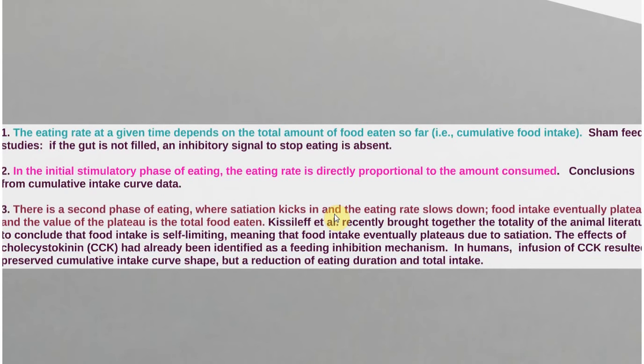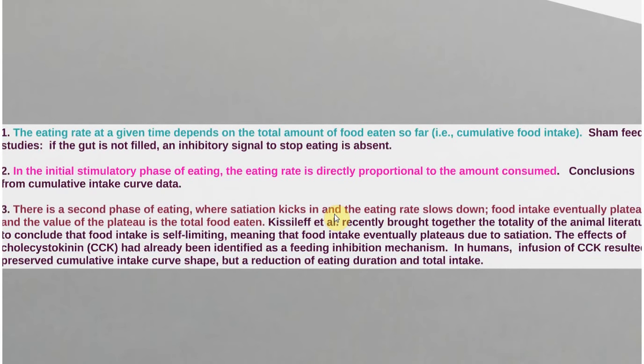And the third is that there's a second phase of eating after this initial phase where satiation kicks in and the eating rate slows down. We know today what causes that. That's CCK, for example, which is a gut hormone. Kiselov actually had pointed out that food intake is self-limiting, which is not reflected in the parabolas.